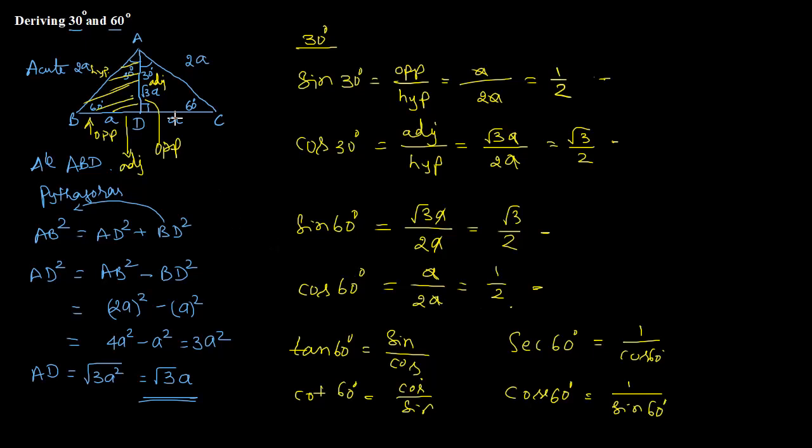So we have derived 30 and 60 using an equilateral triangle, with some construction so that we can take the values of sides, and then we used those values of the sides and the ratios to get the values.